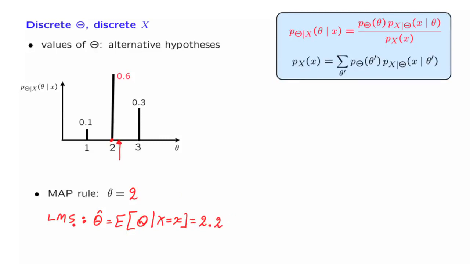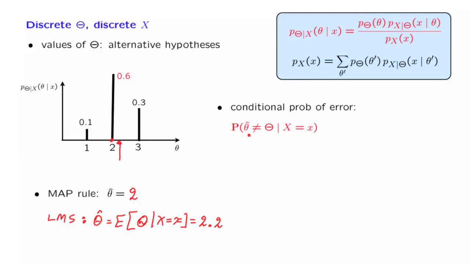Next, we may be interested in how good a certain estimate is. And for the case where we interpret the values of theta as hypotheses, a relevant criterion is the probability of error. In this case, because we already have some data available in our hands and we're called to make an estimate, what we care about is the conditional probability, given the information that we have, that we're making an error.